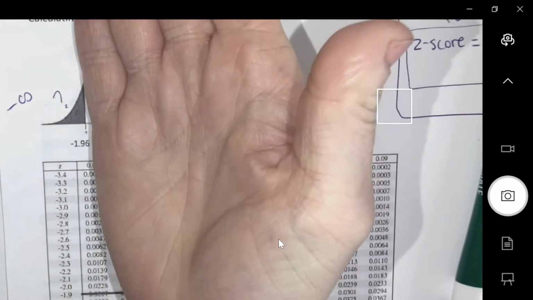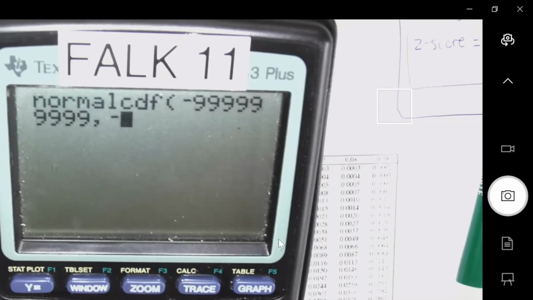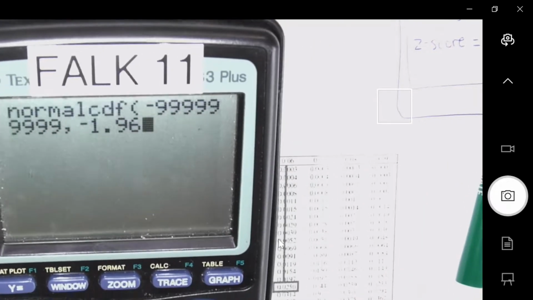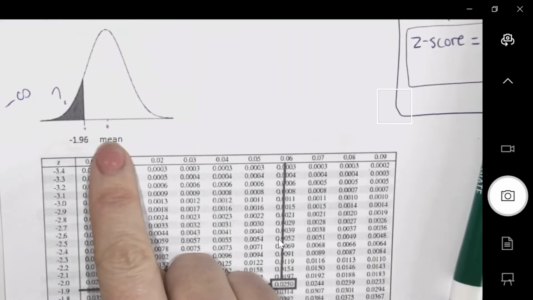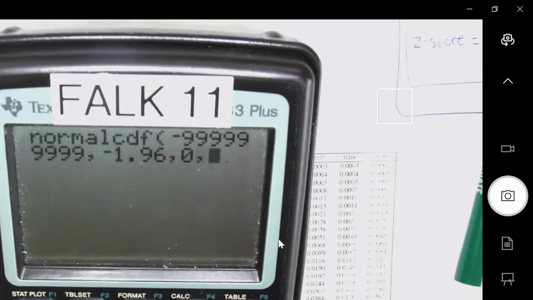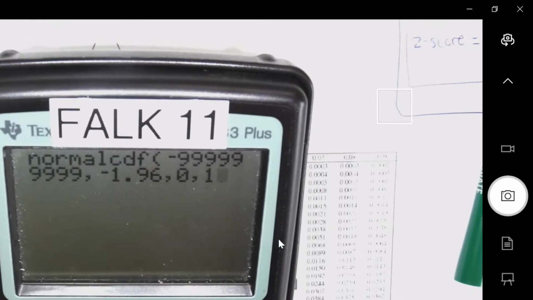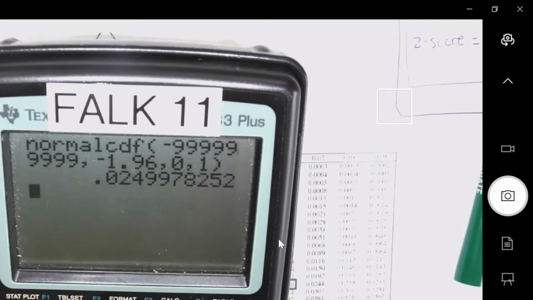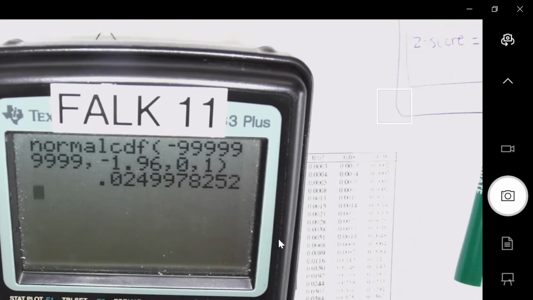What's the most we go to the right before we stop? Negative 1.96, comma, the mean, what's the mean right in the middle? 0, comma, what's the standard deviation of z-scores? 1. Enter. After you, I'll close the bracket, enter.